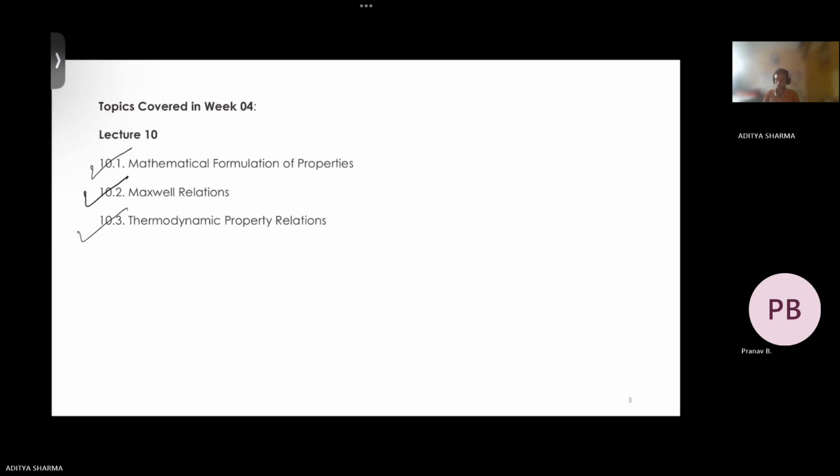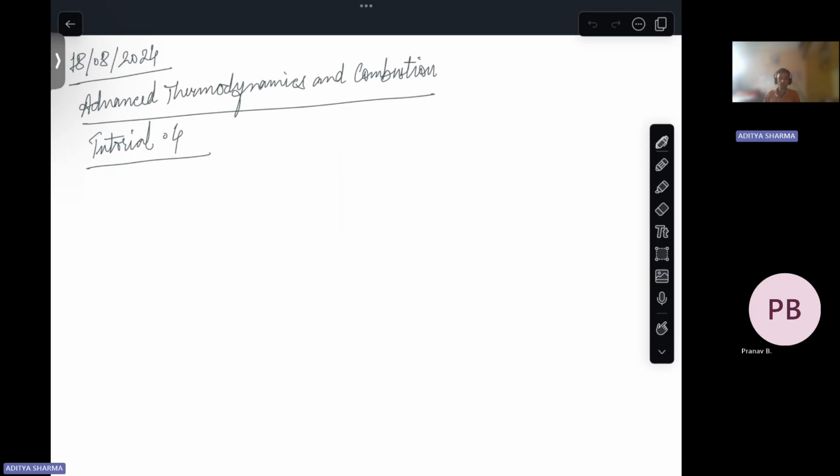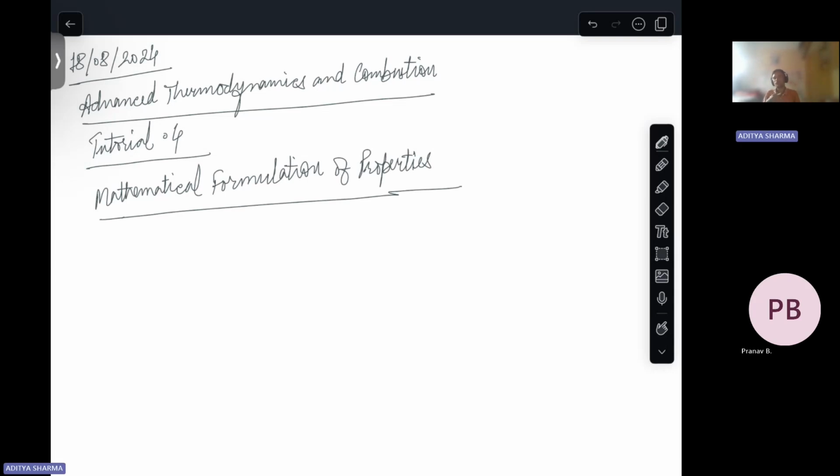Okay, so under mathematical formulation of properties, a brief introduction has been given on what we will be doing in the whole lecture, right?